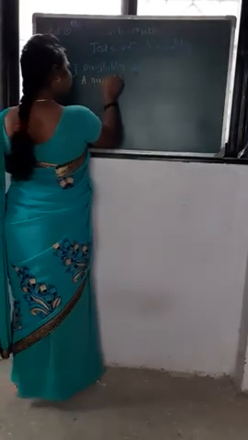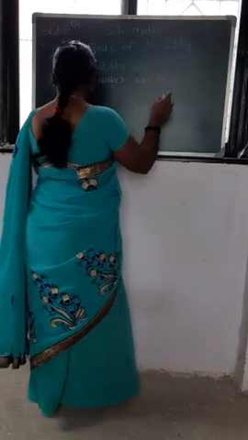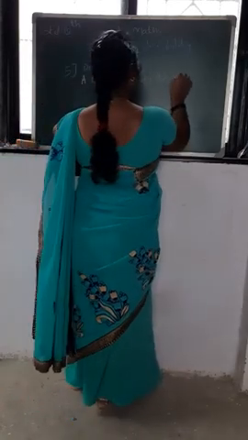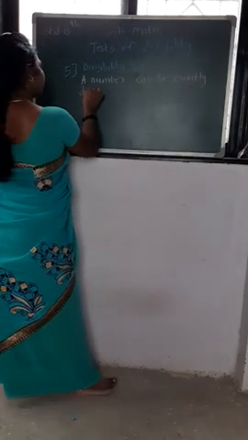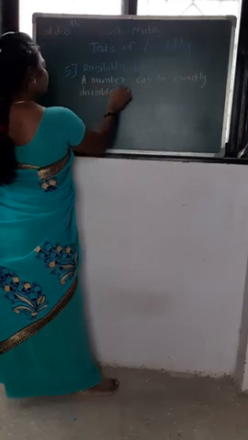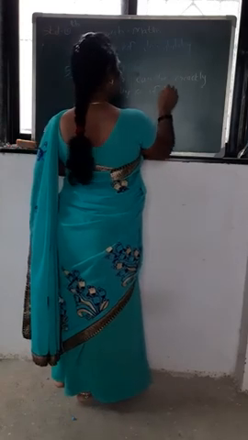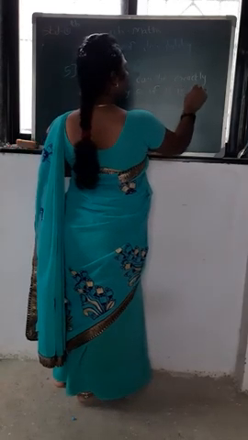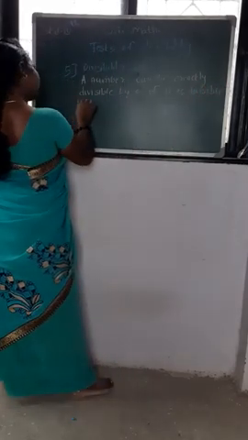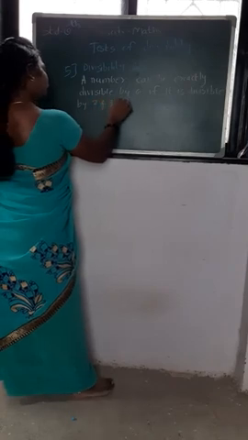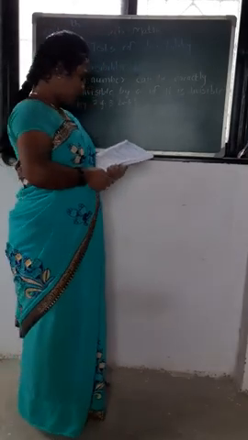If it is divisible by 2 and 3 both, then it is divisible by 6.